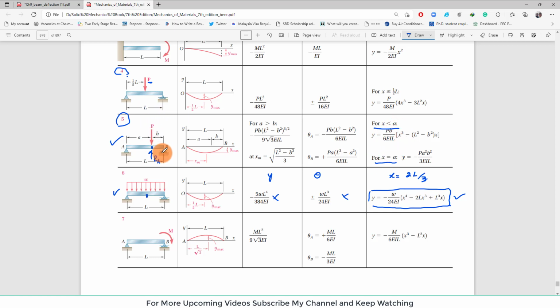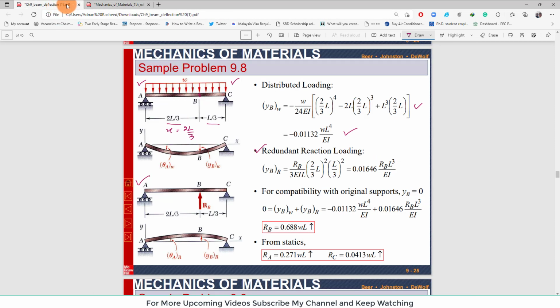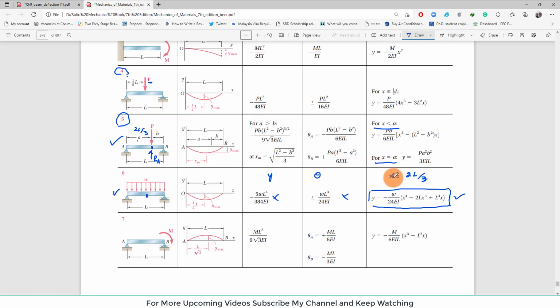So in our case the loading is the same as here. A is 2L over 3. Let me check. 2L over 3, and this is A and this is B. Let me write over here. This is A and this is B. So x is equal to A. So A is 2L over 3.